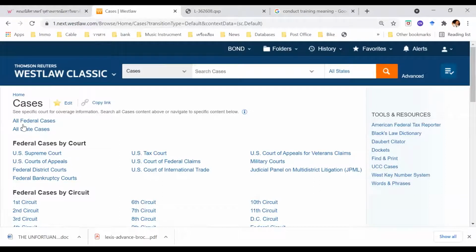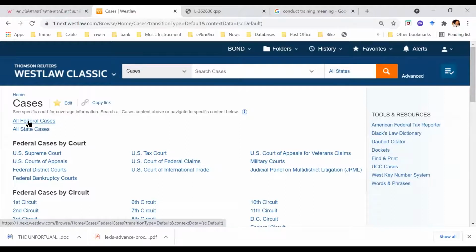Cases in the US, there are two types of court. The first one we call the federal court. If you want to search for federal cases, you just put the mouse over it.